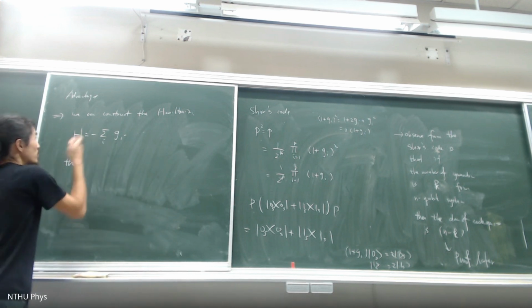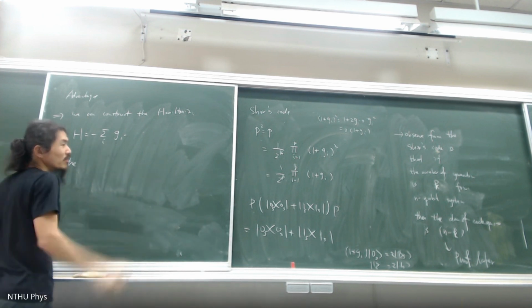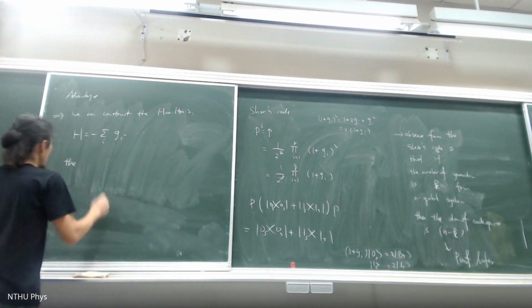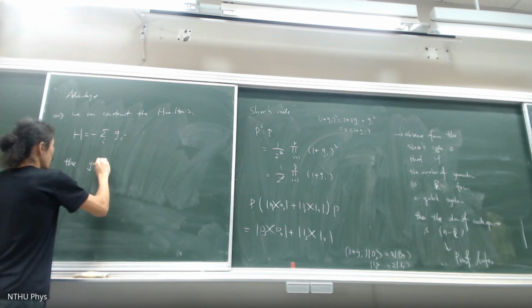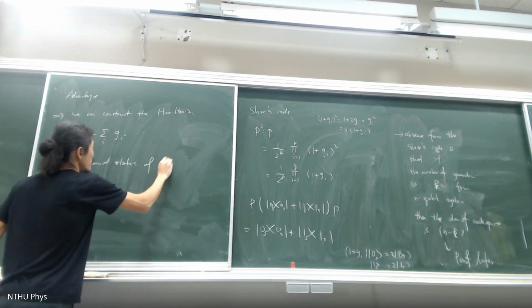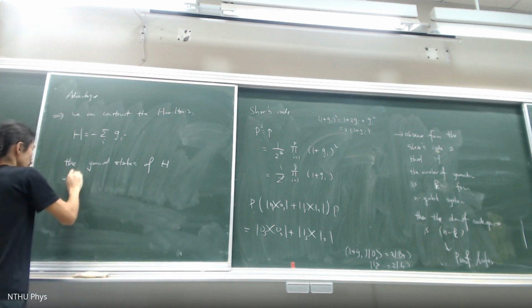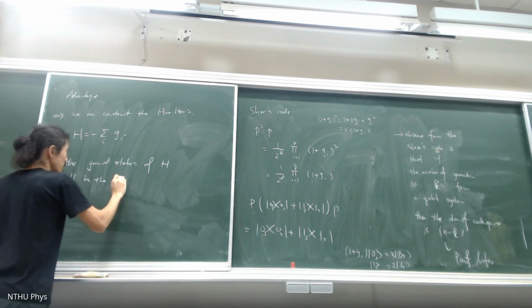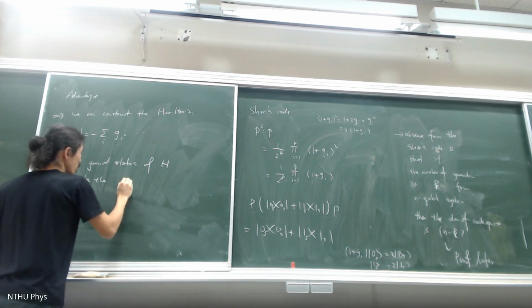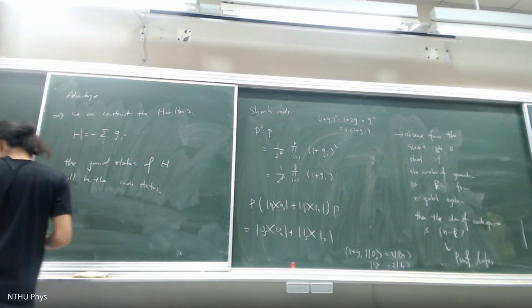So we can use this Hamiltonian to find the ground state, and the ground state will be the desired code space. Ground state. Code state. So this is some advantage.